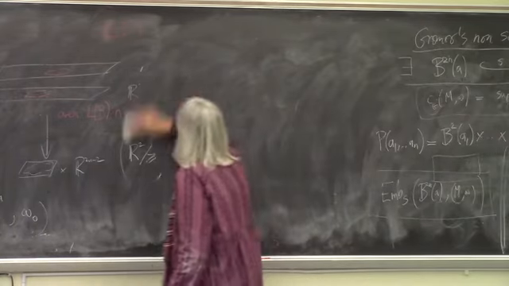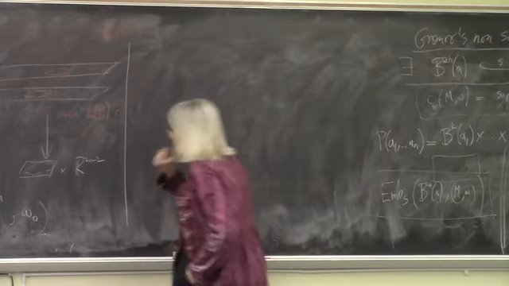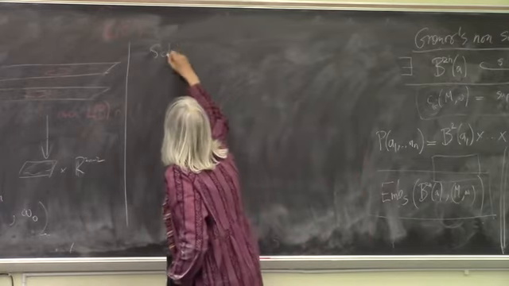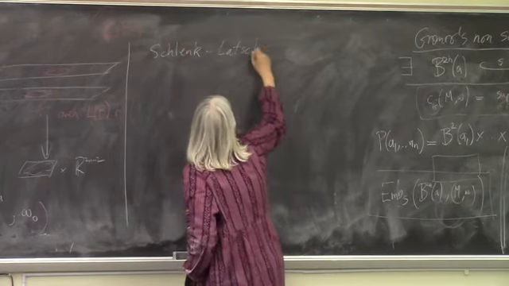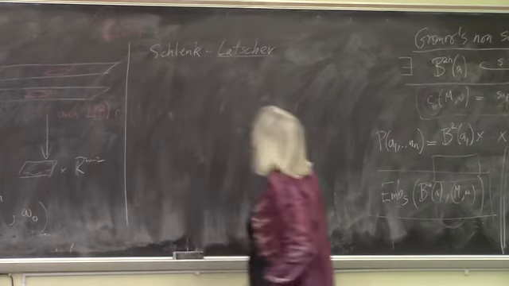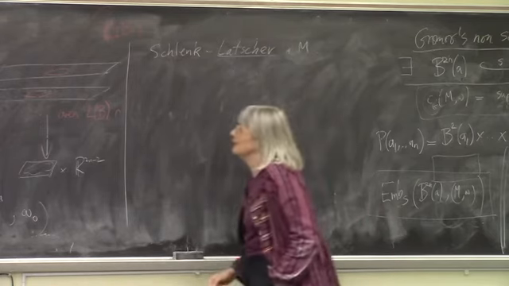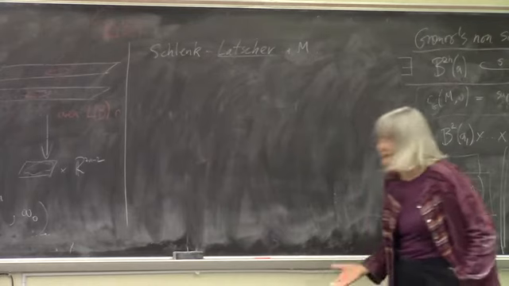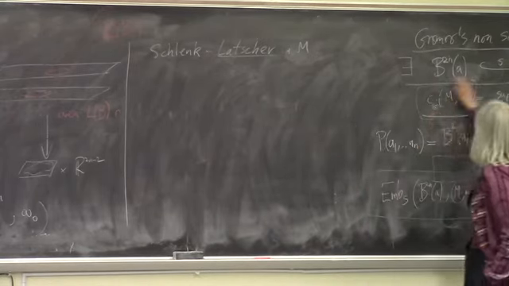Then the other thing I wanted to say, since I should finish, is that recently I worked with Schlenk and Latcher, the student here, and student Blaze here, and we were trying to, because we really know very little about what the Gromov width is of various manifolds.